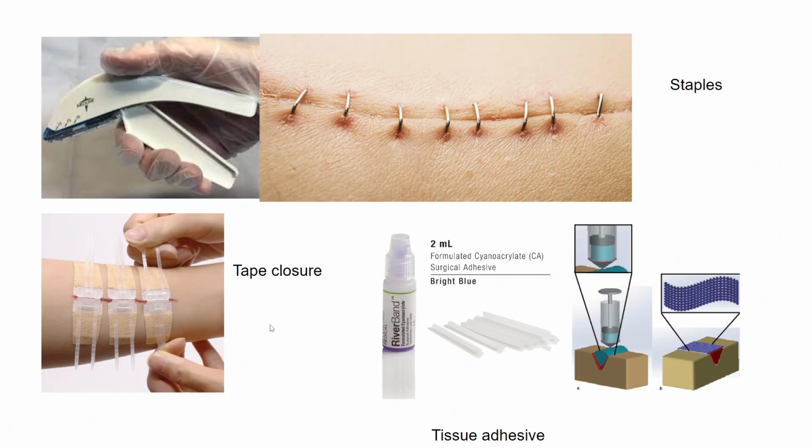In the present day, in addition to these suturing materials, you have other options like staples, tapes, or glues. These are the new varieties of materials used for wound closure. They are not suturing.